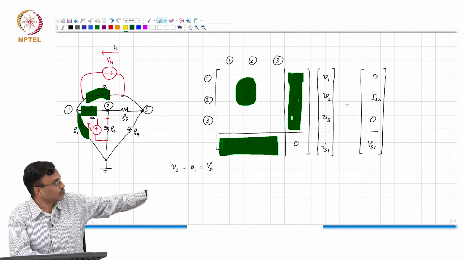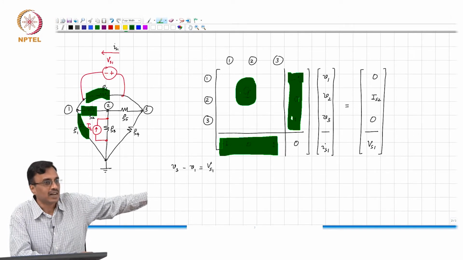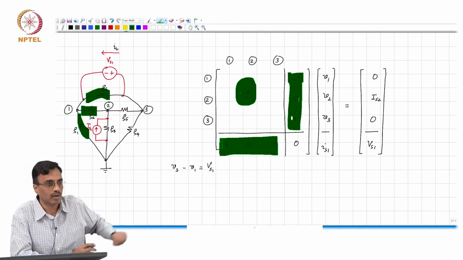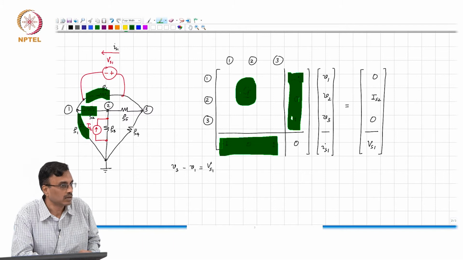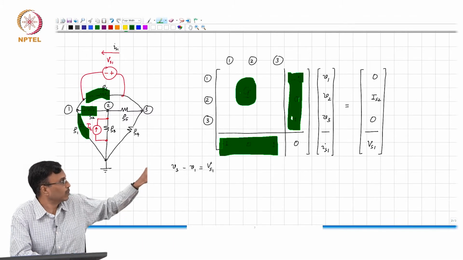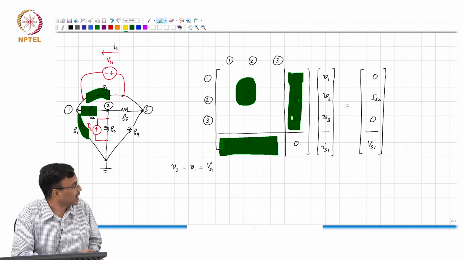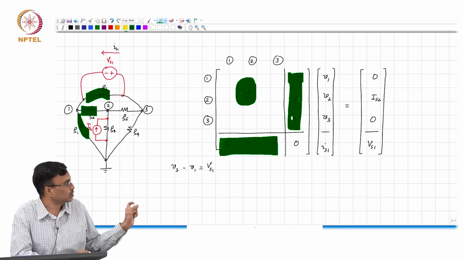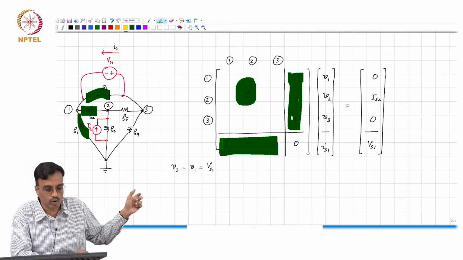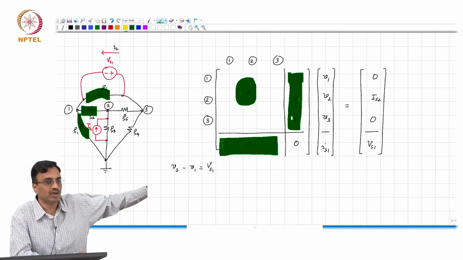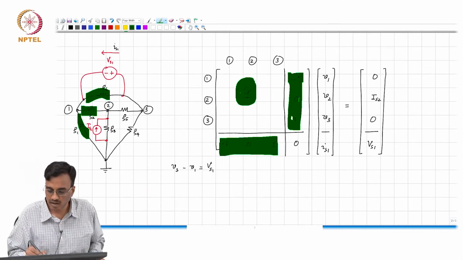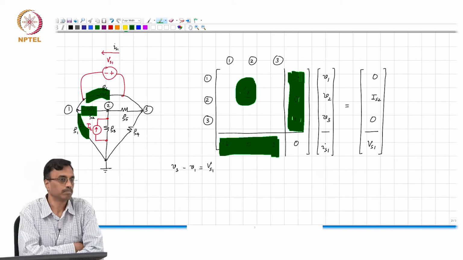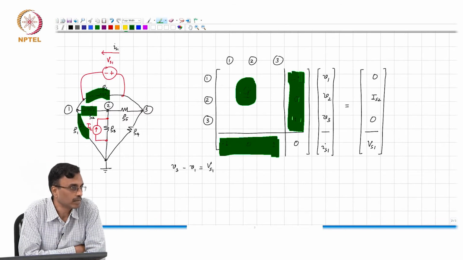This is going to be simply the transpose of that, and I think it is pretty apparent how that happens. The current in the voltage source flows between the 2 nodes, and the voltage source forces the difference between those 2 nodes to be something. So, it stands to reason that this row is simply the transpose of this column. Is that clear?